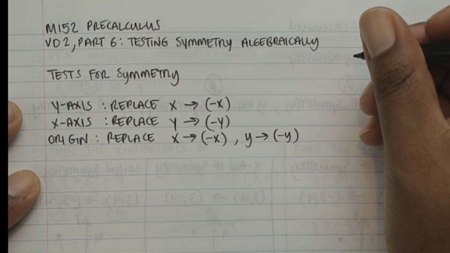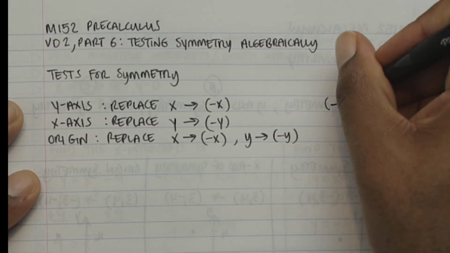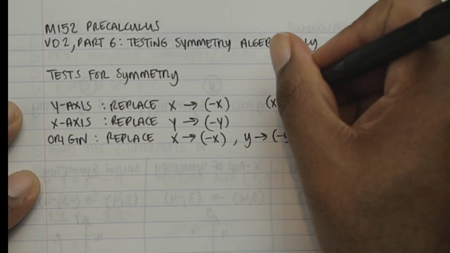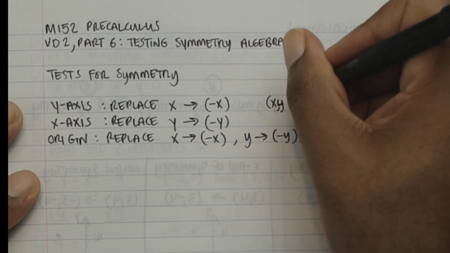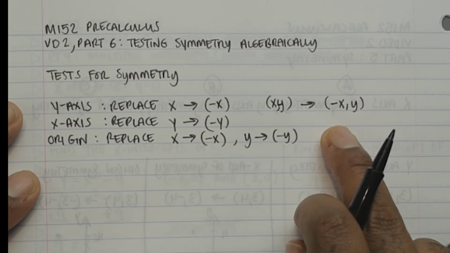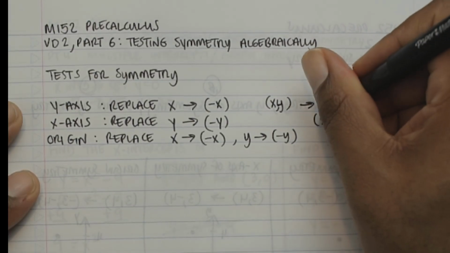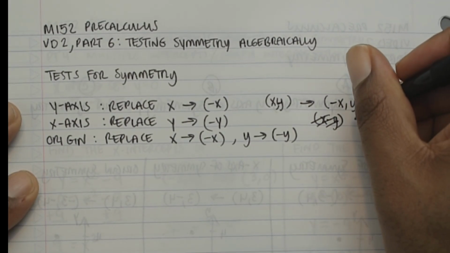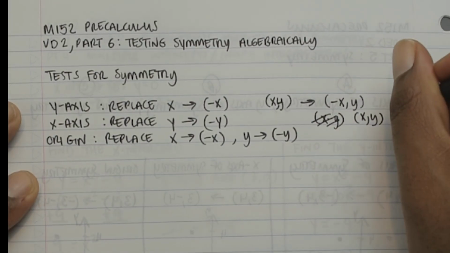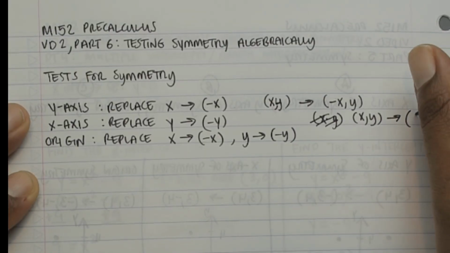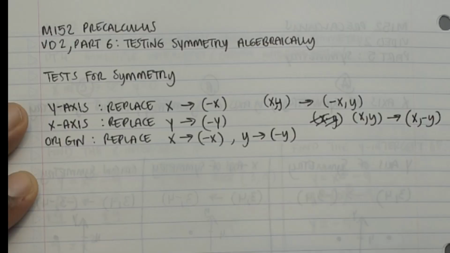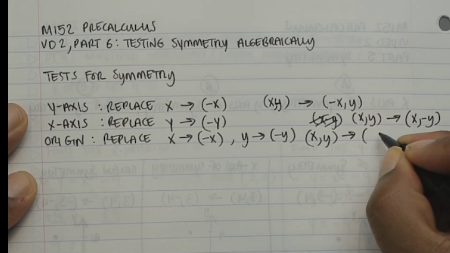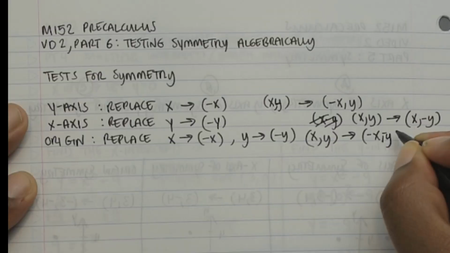Okay. So again, that looks like going from x, y to negative x, y. Then from x, y to x, negative y, and then x comma y to negative x comma negative y.